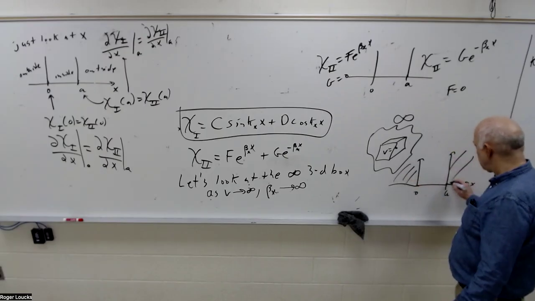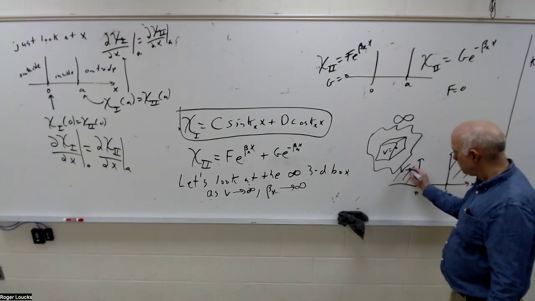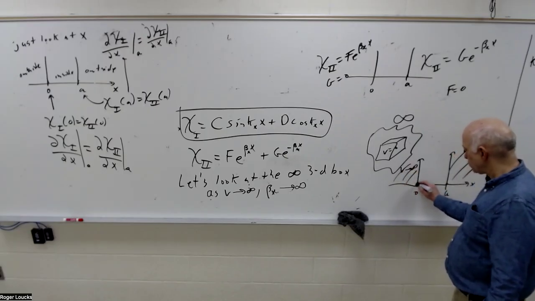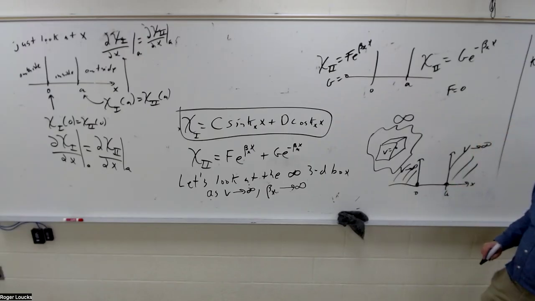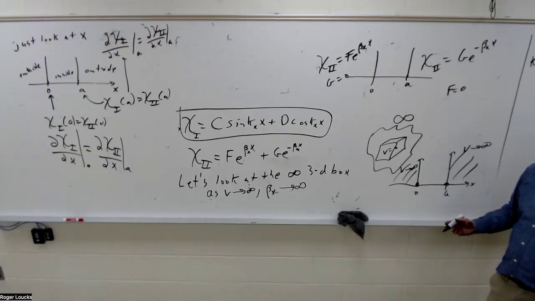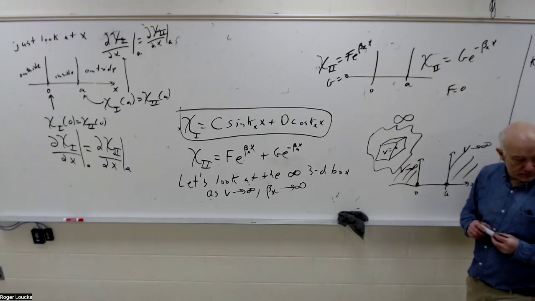If this V over here is infinity, that means my wave function has to be 0 at those points. Does that make sense? Just like what we had in the 1D well.